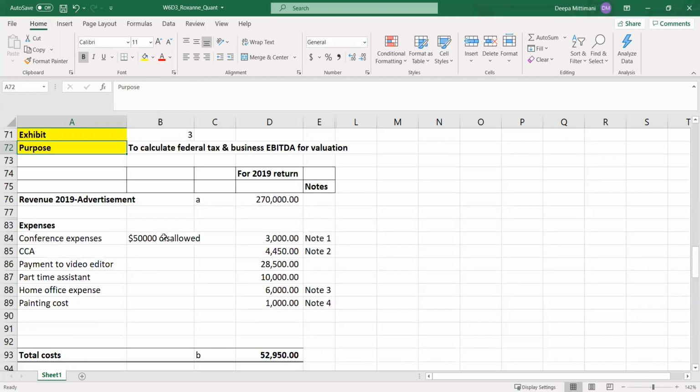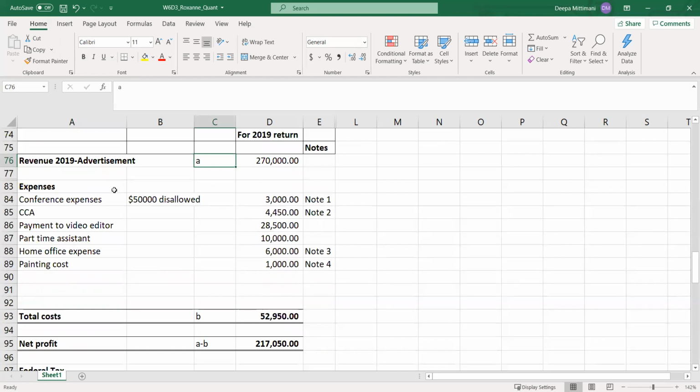Now, when you start the tax AO in Excel, I usually used to leave two columns in between so that if you want to write some notes, show some calculation, or make a cross-reference, it's easier to put it in there. Everywhere you should show your work, how you have arrived at the calculations.